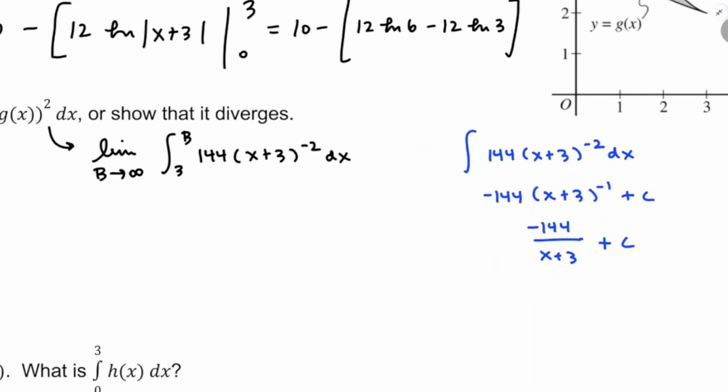Okay, and now I'm ready to let x be b and 3, because I need at least 2 limits, just to make sure I'm getting my credit even in the strictest scenario. So b plus 3 minus negative 144 over 3 plus 3.